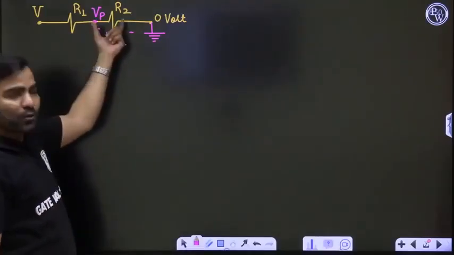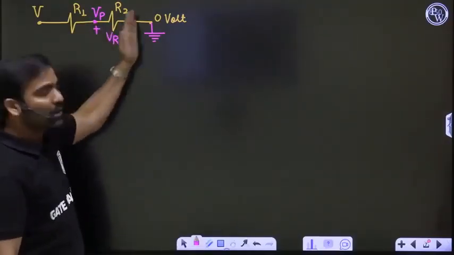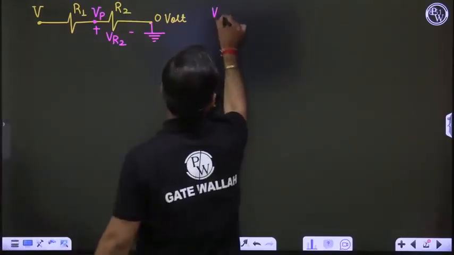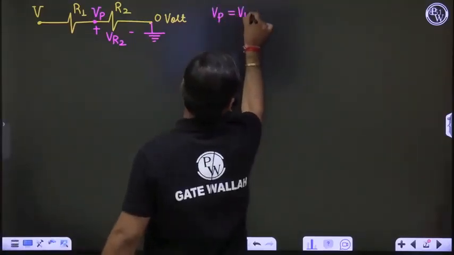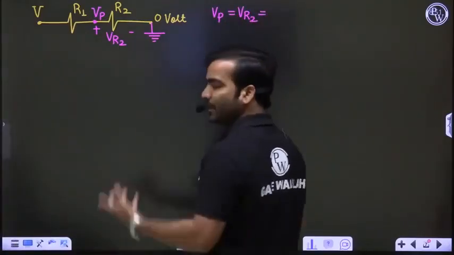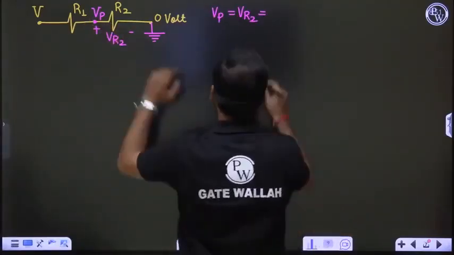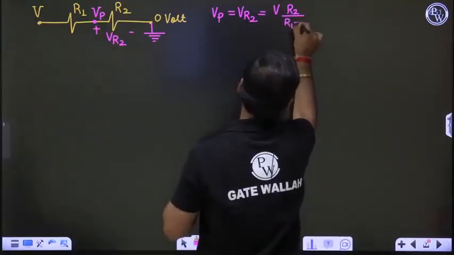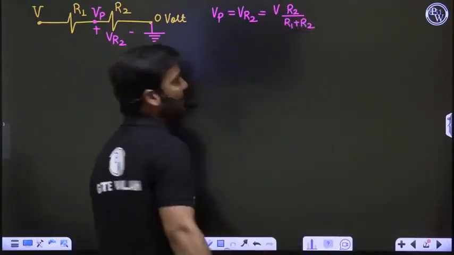VR2 is the voltage across R2, here positive, here negative. So VP is nothing but VR2, both are similar things. And VR2 is equal to V into R2 upon R1 plus R2, right?